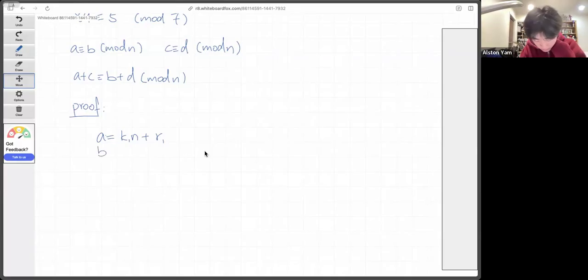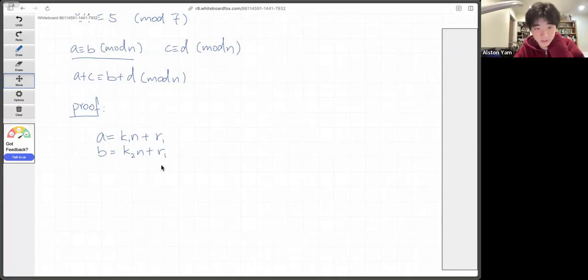And in a similar way, let's write B as K2n plus R1. Notice how I wrote R1 here and not R2, but I wrote K2 here. This is actually because we have the condition here that A is congruent to B mod n.